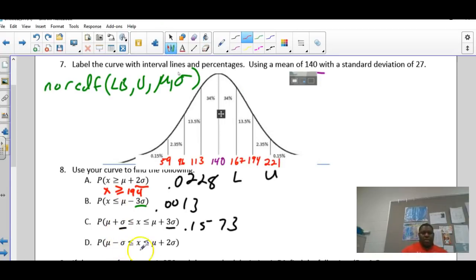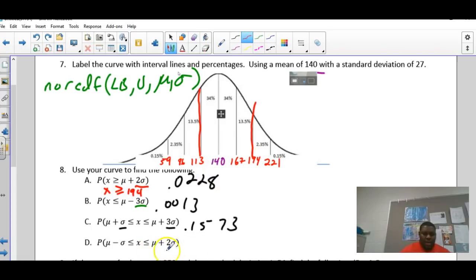Then right here again, one more time, we got boundaries. We have minus 1 standard deviation. Here's mu, minus 1 standard deviation, and then you have plus 2 standard deviations. So here's mu, 1, 2. Here's 2 standard deviations. So our lower bound is 113 and our upper bound is 194.